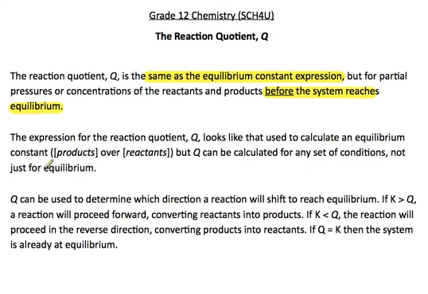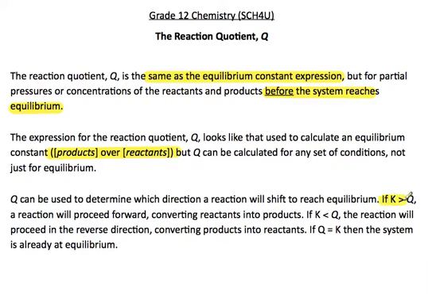How this is sometimes used is to determine whether the system is at equilibrium based on the value of K. So the expression for the reaction quotient looks like that used for the equilibrium constant, products over reactants like you've seen, but Q can be calculated from any set of conditions, not just equilibrium. And as I said, Q can be used to determine from which direction we will shift to reach equilibrium.